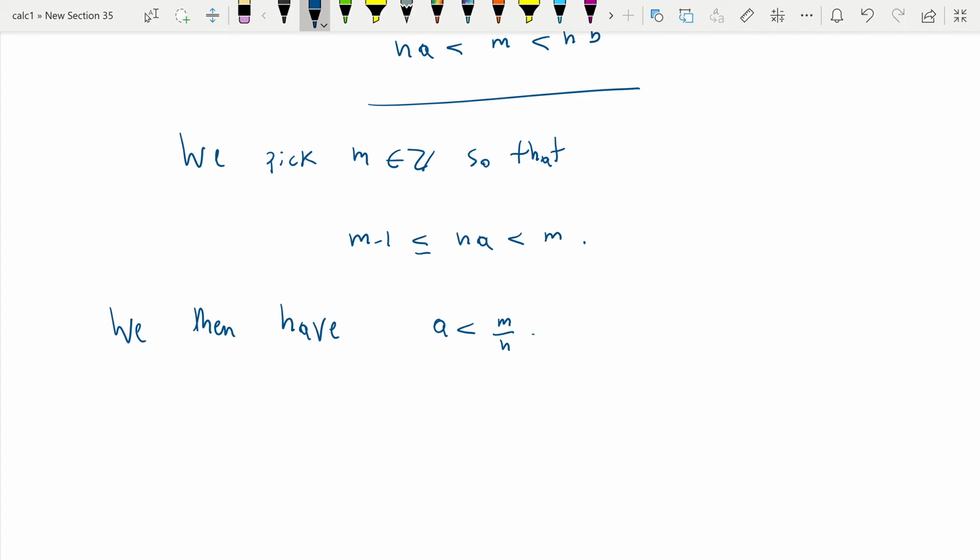We want to find rational numbers between a and b. So now we've found one that is bigger than a. Well, that's no challenge. So the point here is to prove that this m over n is actually smaller than b.